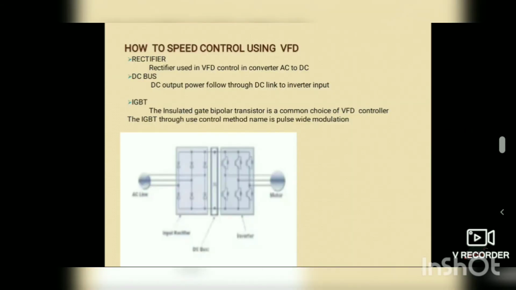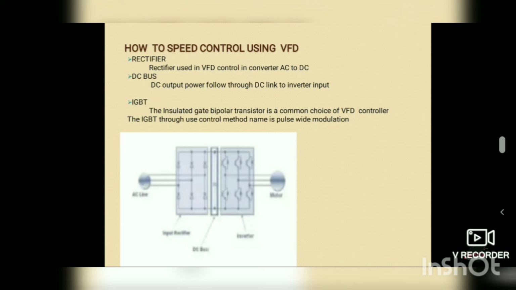How to control speed using a VFD? VFD is a variable frequency drive. A rectifier, DC bus, and IGBT are used to control the speed.